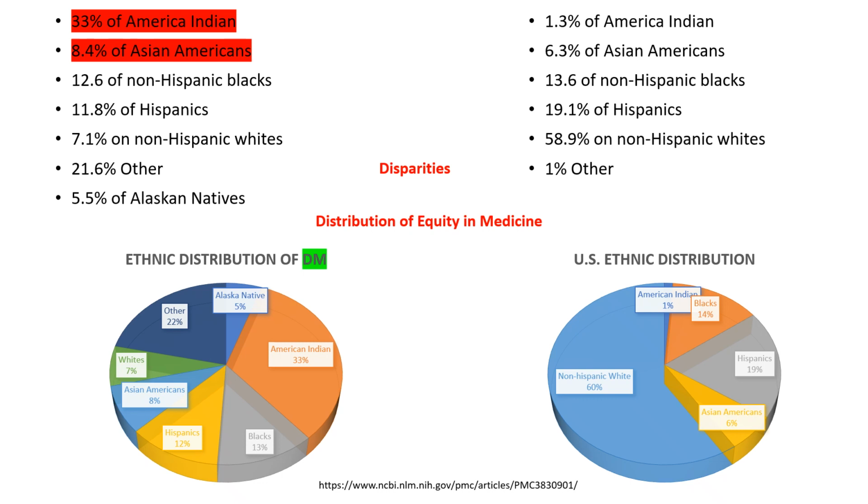So I highlighted in red the health disparity, where the American Indian, if we look to the right, makes up 1.3% of the U.S. population. However, out of American Indians, 33% of them have diabetes mellitus.